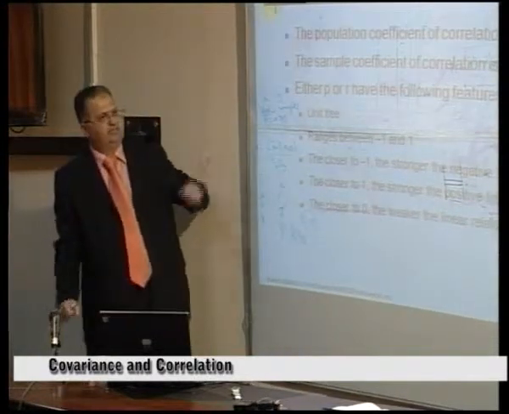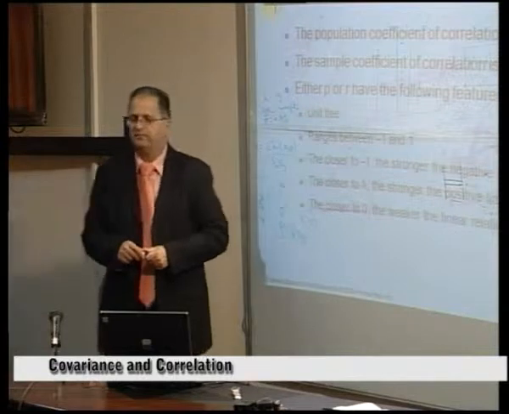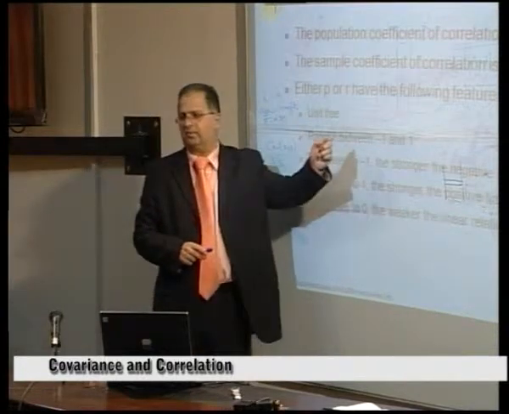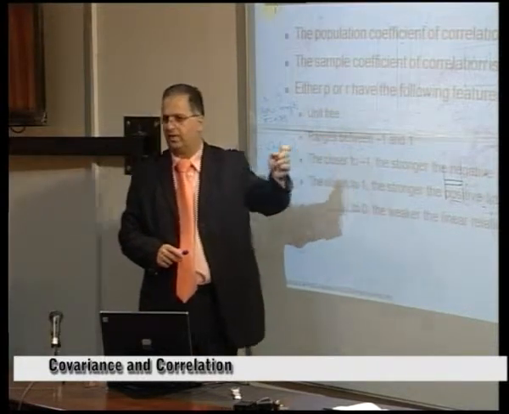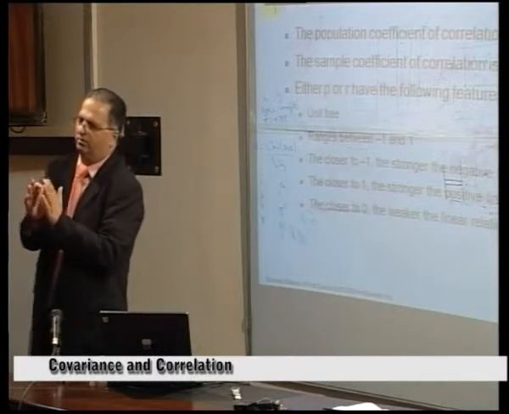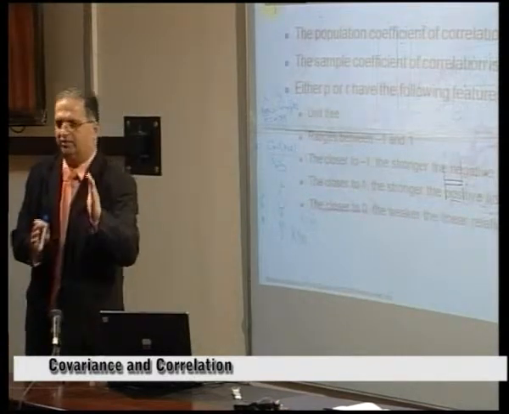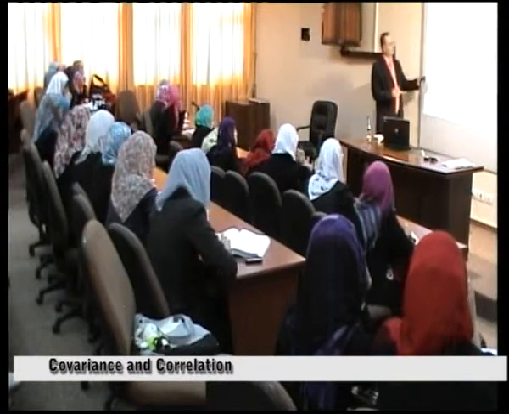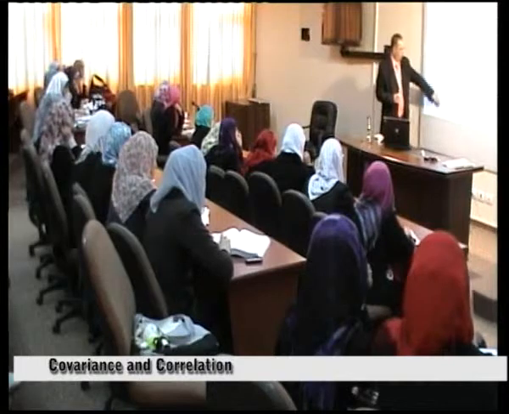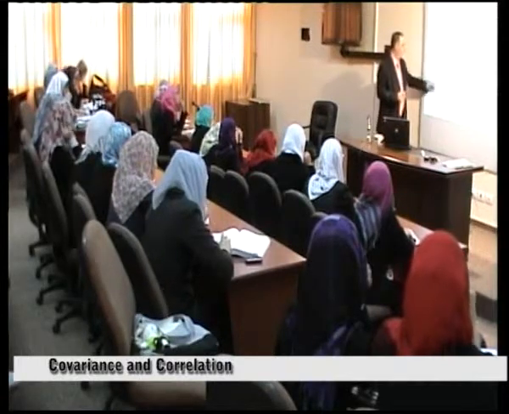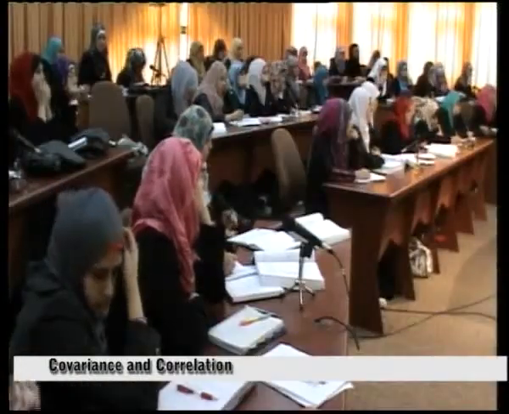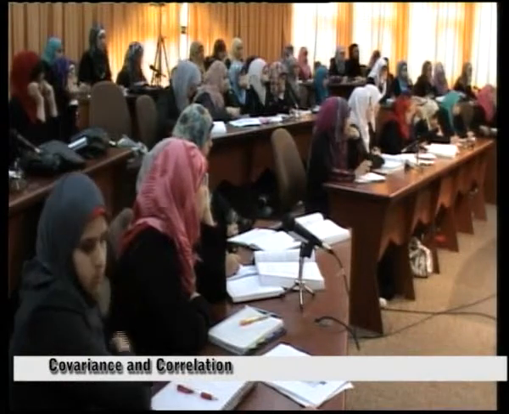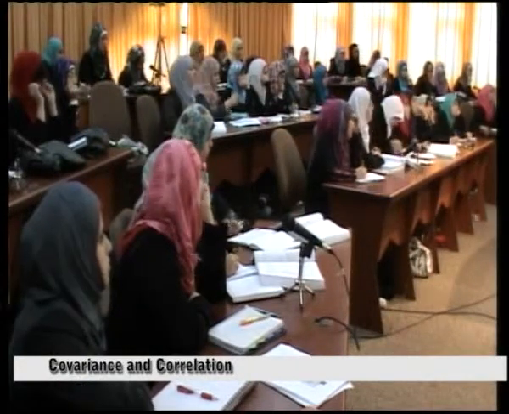The second feature is that r ranges between -1 and +1. As we mentioned, r lies between -1 and +1. Now, by using the value of r, you can determine two things: the direction and the strength.